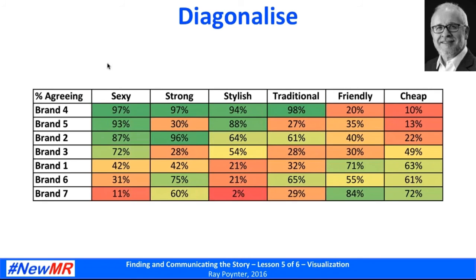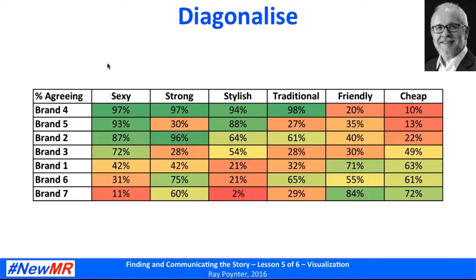Diagonalise. It's like sorting as a concept, but it's more powerful. I want to group together areas of the data that seem similar. It's a little bit like clustering or segmenting as well. So we've diagonalized the data, and now we can very quickly see that we've got 2 types of attributes. Sexy, strong, stylish, traditional go together. Friendly and cheap go together.